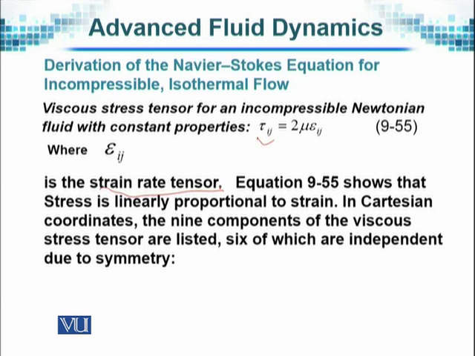So epsilon is indicating the strain rate tensor, which has theoretically 9 components, and when fluid is at rest, it restricts itself only to pressure, but otherwise there are other components that are coming into it.